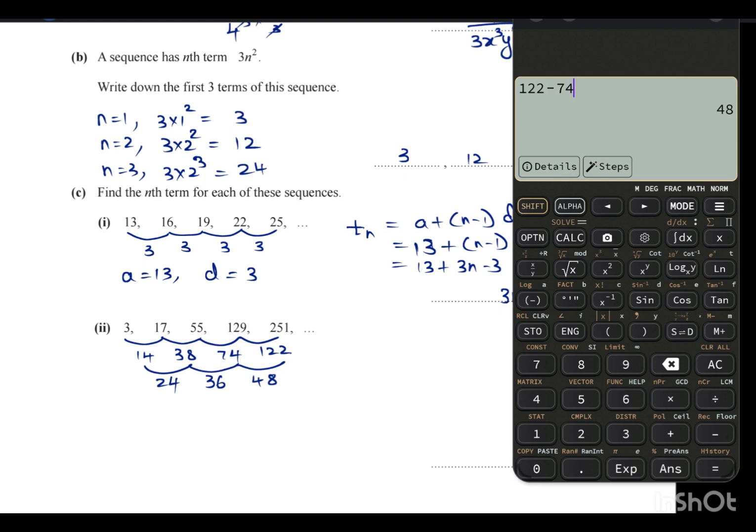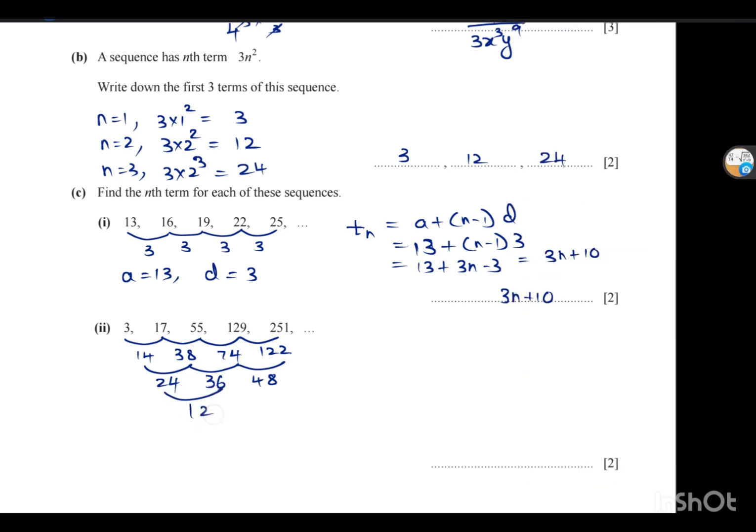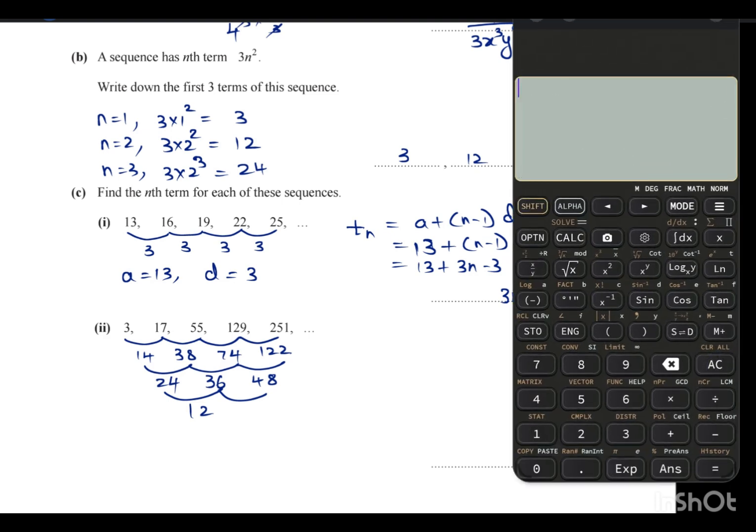Still we did not get the same difference. Again we have to find out. So 36 minus 24 is 12, and 48 minus 36 is 12. Now we got the same difference.